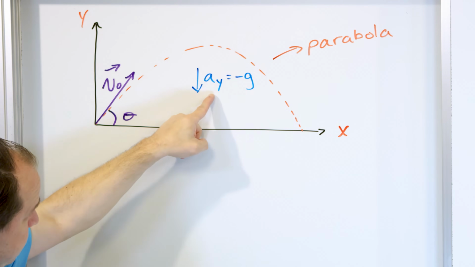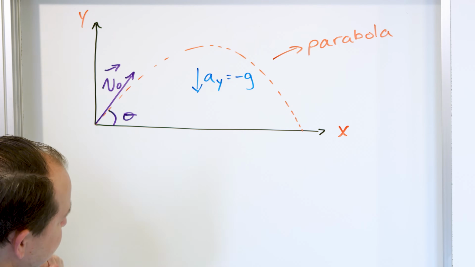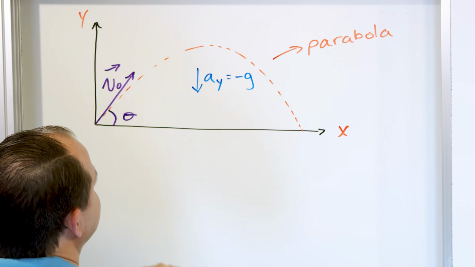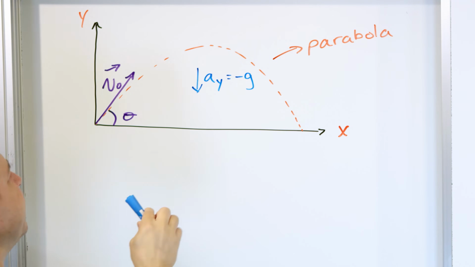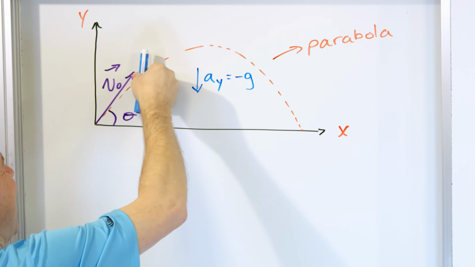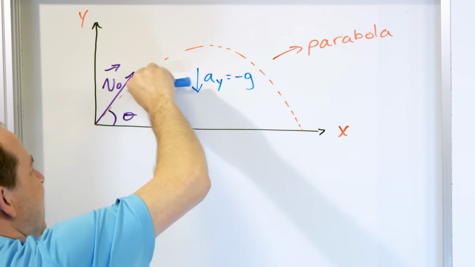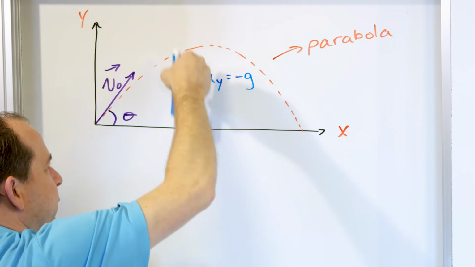So the acceleration is negative 9.8 meters per second squared. I may have said the incorrect units before. But this acceleration of gravity is acting purely in the down direction, right? All along this motion. It doesn't act horizontally because gravity always goes down like this.